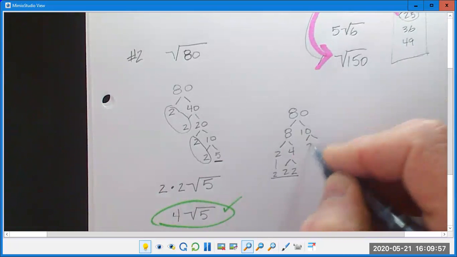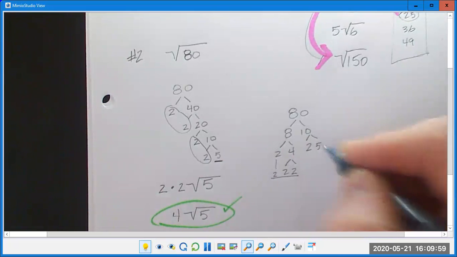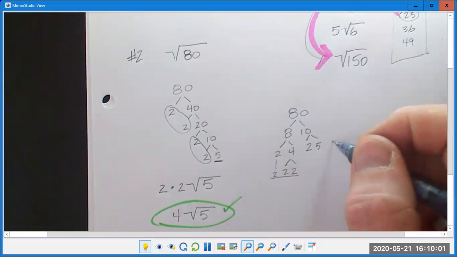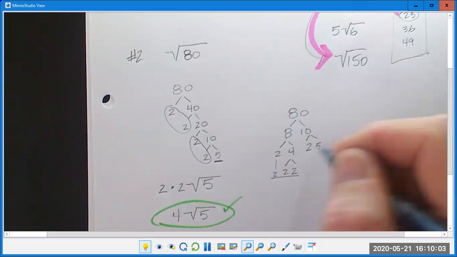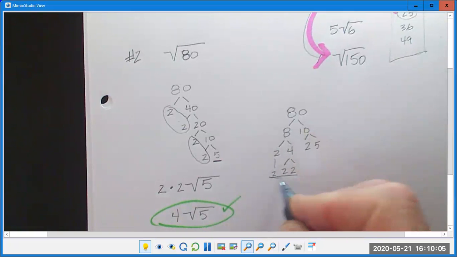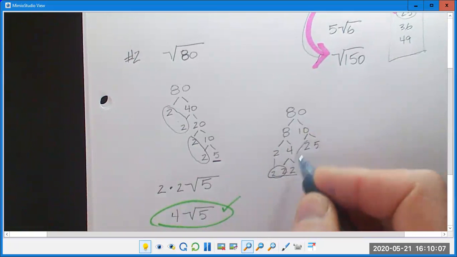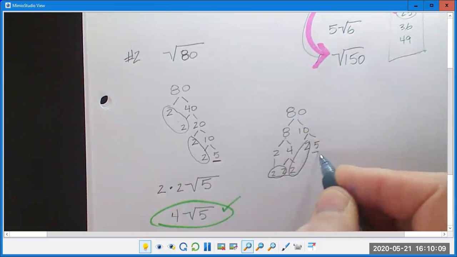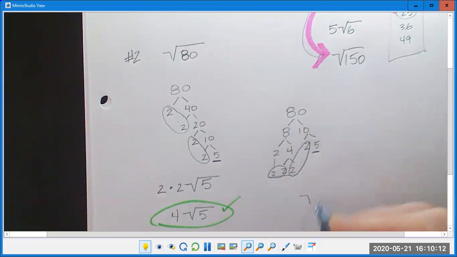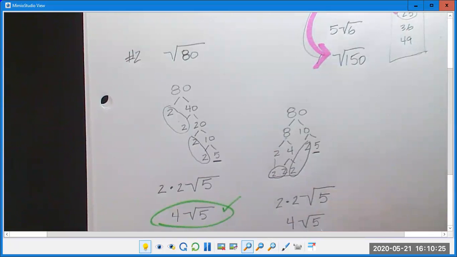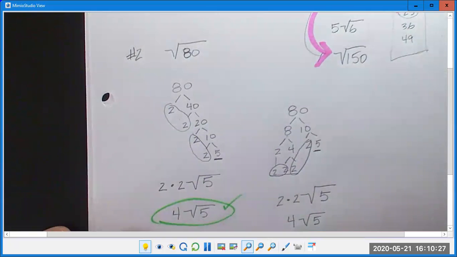This one is 2 times 5. There's nothing else that I can do with this. All right. So I have a pair of 2s here. I have a pair of 2s here, and I have my 5 left underneath the radical. So there's my 5. I have a 2 from this set. I have a 2 from this set. So again, same answer. There's multiple ways to go about this.